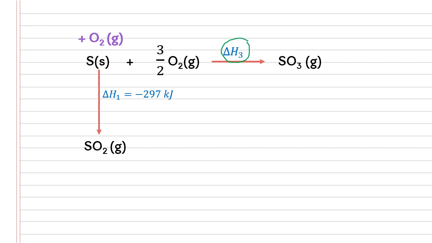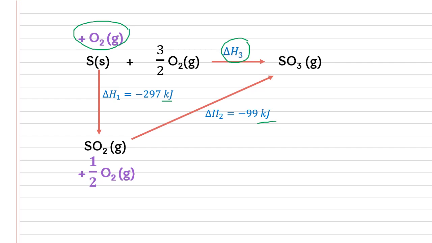Then we have another delta H, which is delta H2, the thermochemical equation of SO2 reacting with half O2 gas to give you SO3. So don't forget to write the delta H on the arrow together with the units. Never write this O2 on the arrow.